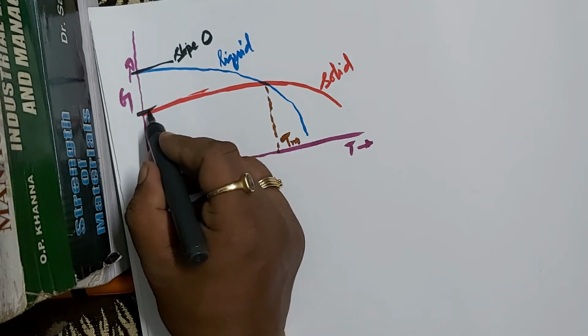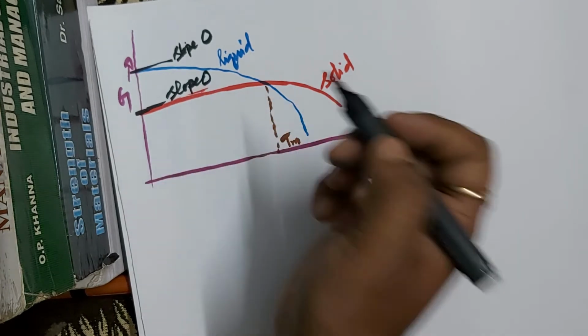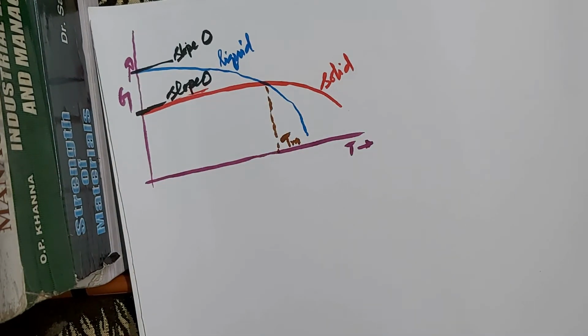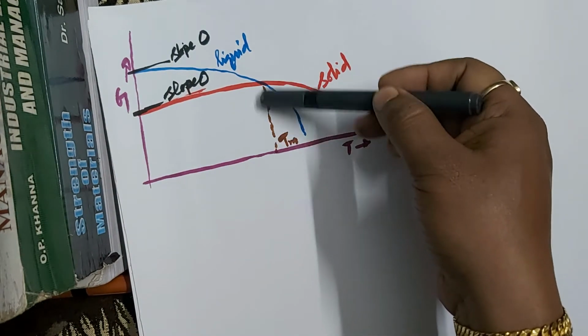Here the slope is 0. So you can see this is the melting point.